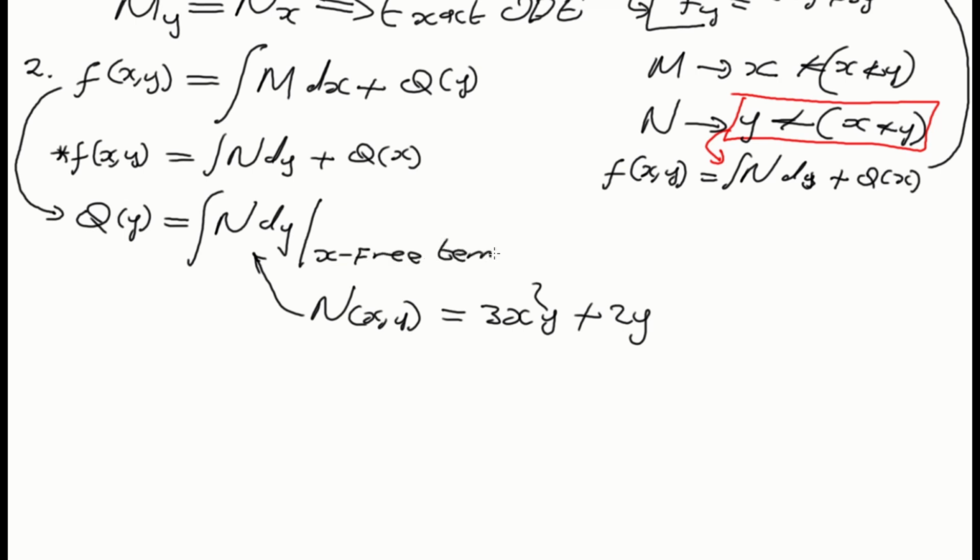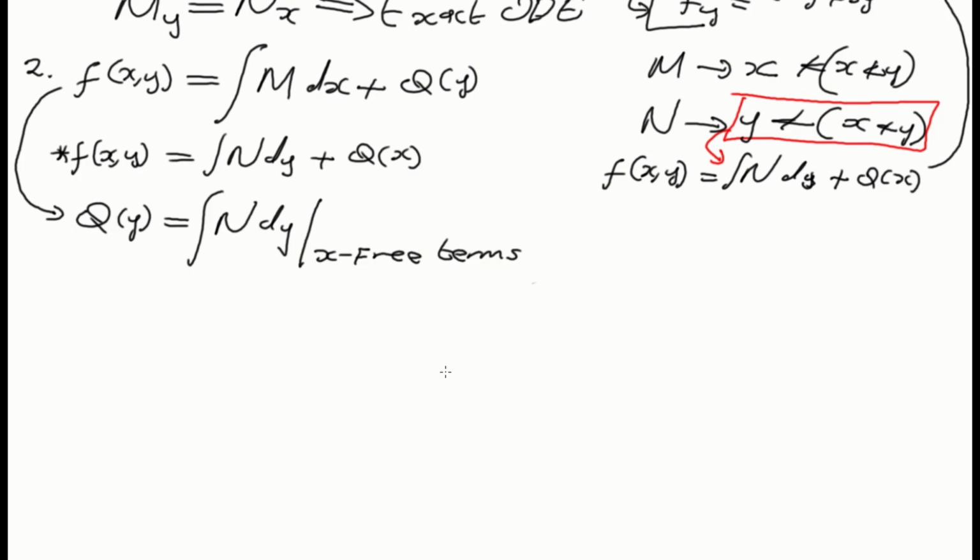Let me put that statement here. Only focus on x-free terms. So for instance, if you have to integrate this term, there is an x here, so you must ignore it. Therefore, your answer will only be, for instance, y squared. So the terms which have the x variable, you ignore them. You don't do anything to them.